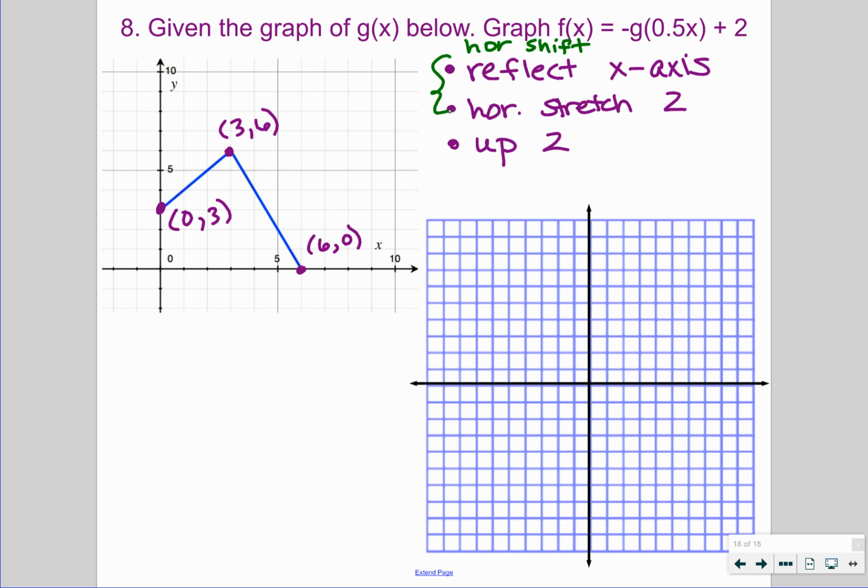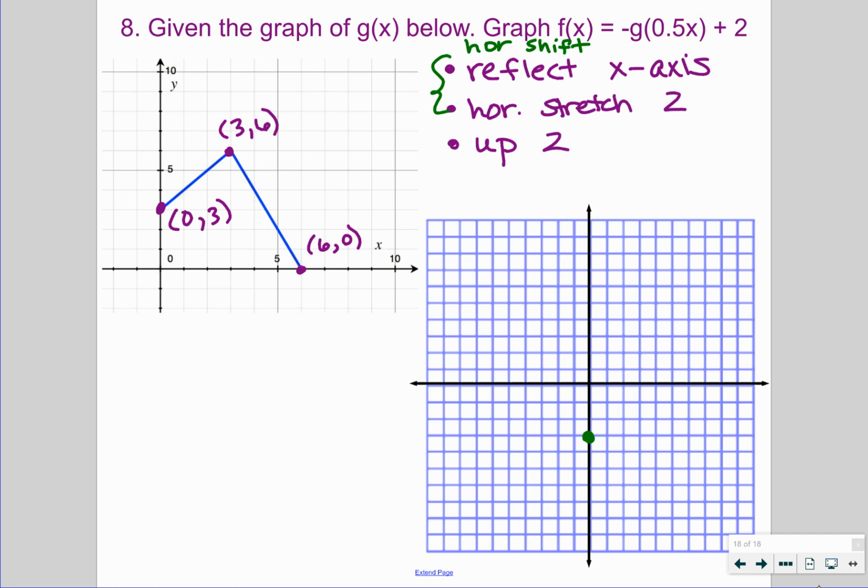Okay, so the first thing I need to do is reflect these points over the x-axis. If I flip something over the x-axis, how are those coordinates going to change? The y is just going to become the opposite, negative in this case. Yep. And you can graph it, or you can just list the points if you only want to graph it once.